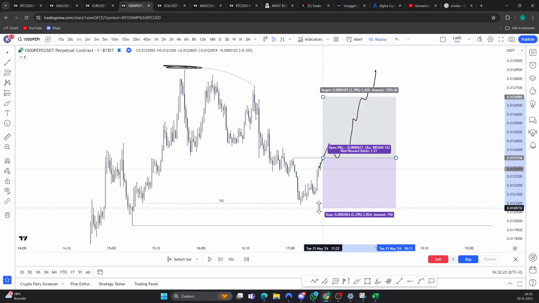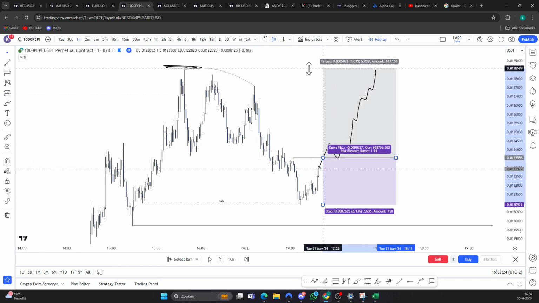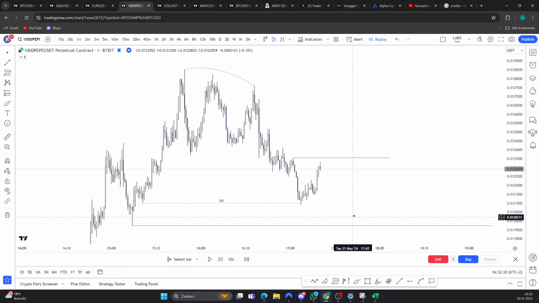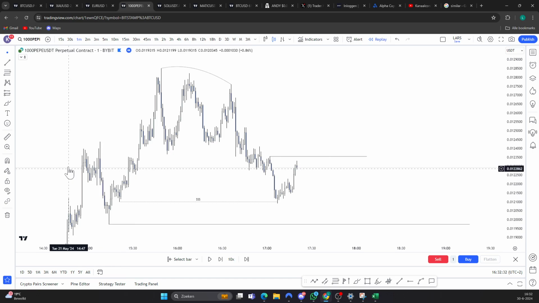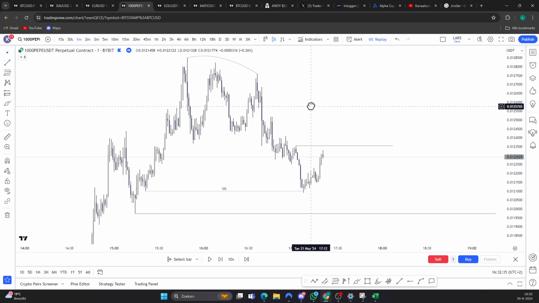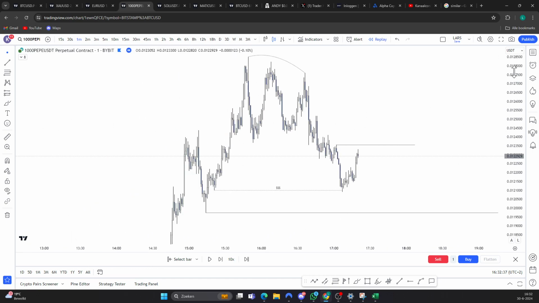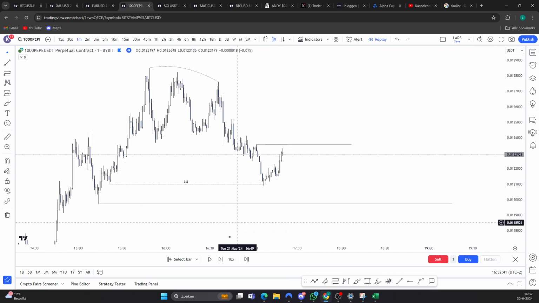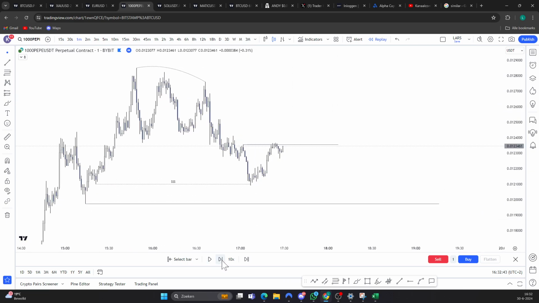Now, is the risk to reward the best? About a 1.9 on a pretty significant trade. But it could work. Not my preferred entry models. It's just a market structure continuation trade in all-time high territory. It's not the best. So I'll just see how it develops.